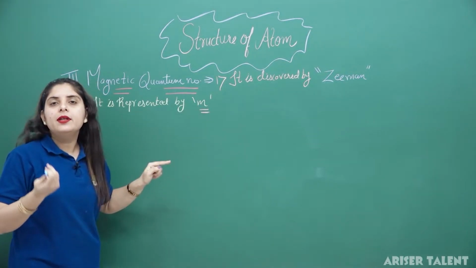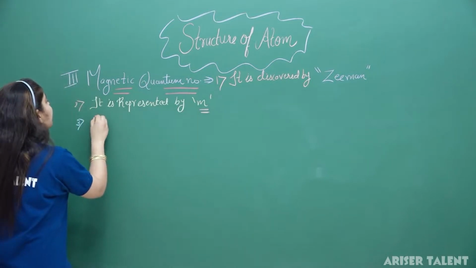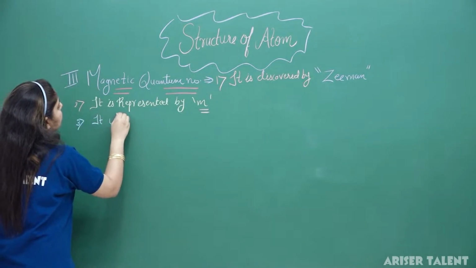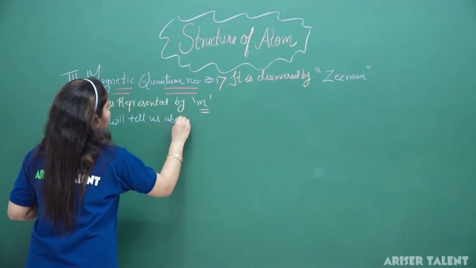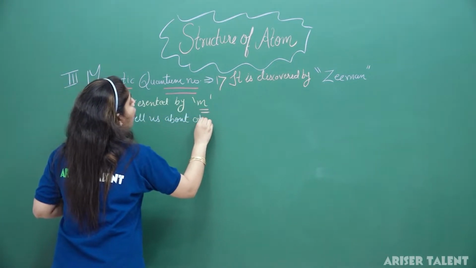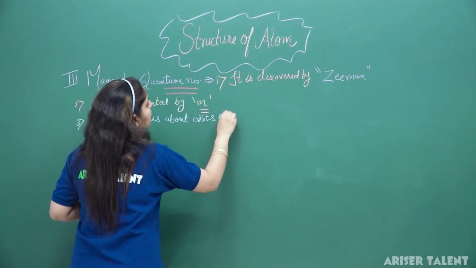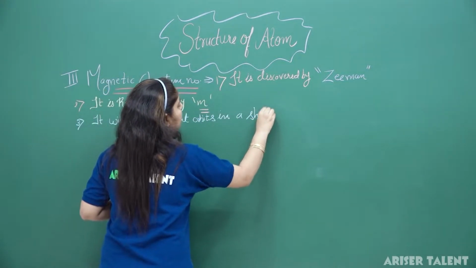What does the magnetic quantum number tell us about? It will tell us about orbitals in a shell or subshell.